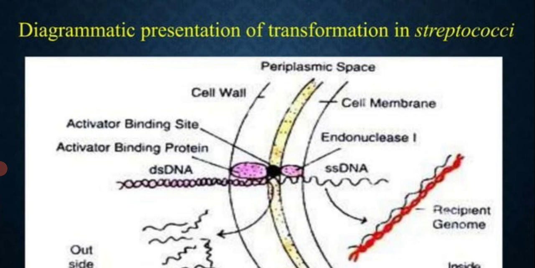One strand gets degraded with the help of endonuclease, and further only the single-stranded DNA of the donor cell enters the cytoplasm of the recipient cell.